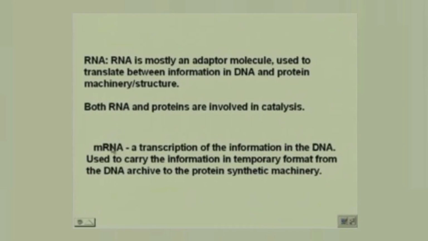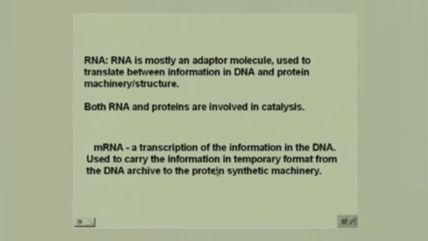Now we have three types of RNA. This is something probably that you studied in school. You have messenger RNA. The process of DNA going to RNA is called transcription, and messenger RNA carries the information in a temporary format from the DNA.